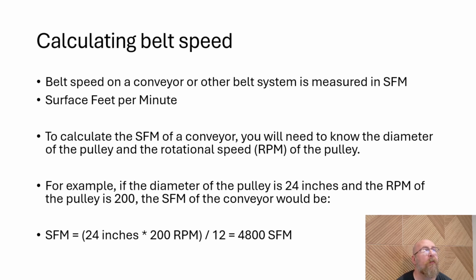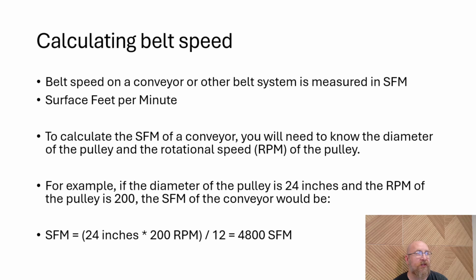So it's how much belt is traveling across a finish line per minute. In order to calculate that, I've got the equation below. This is one that you might want to take a look at, because this is going to enter into how we speed our motors for this class. You have to take the diameter of the pulley and the RPM of the pulley, and then the conveyor speed would be this according to that equation.